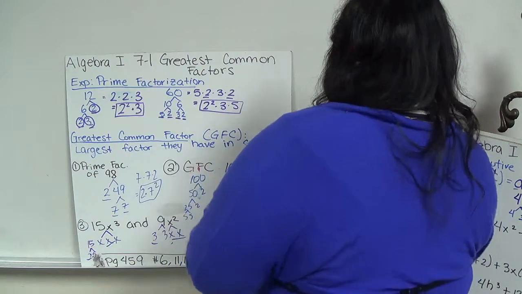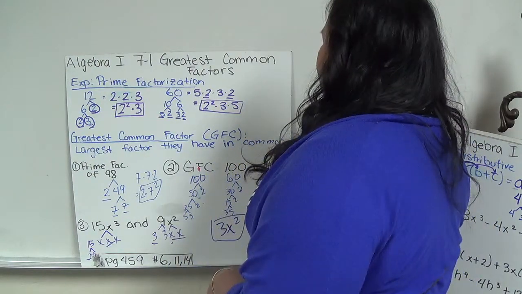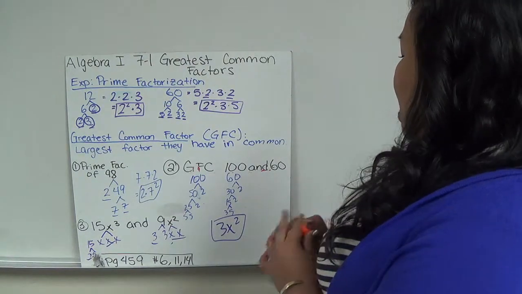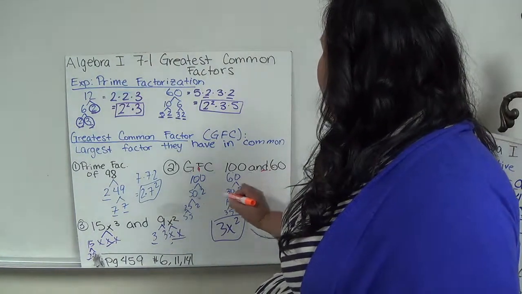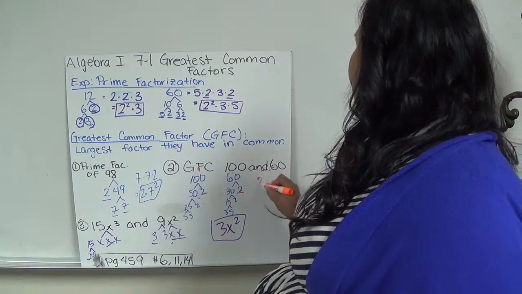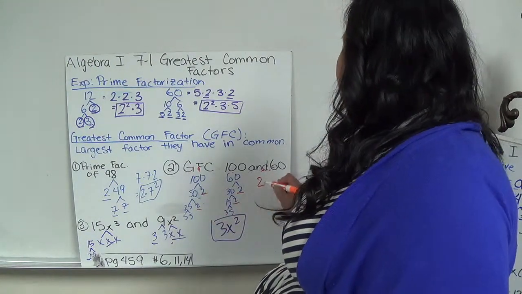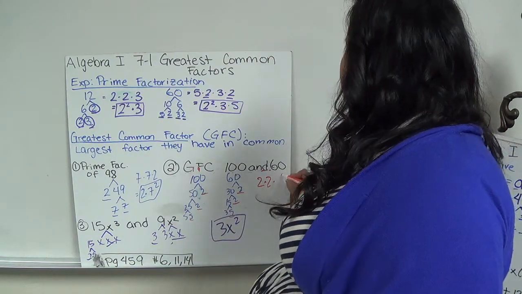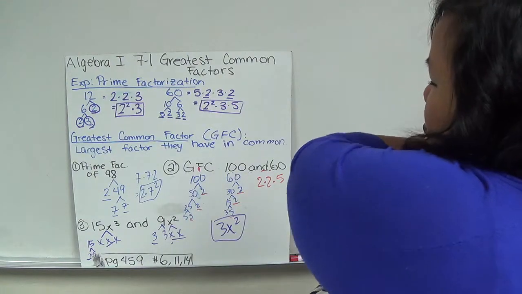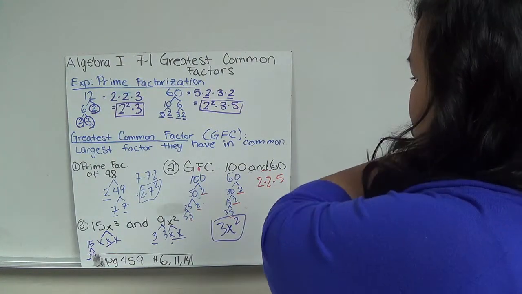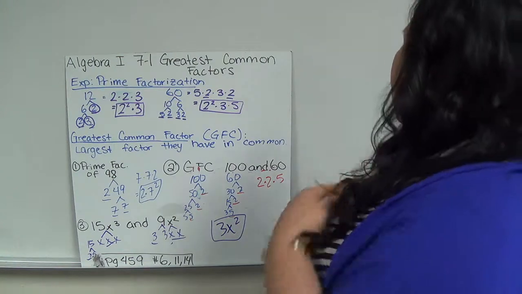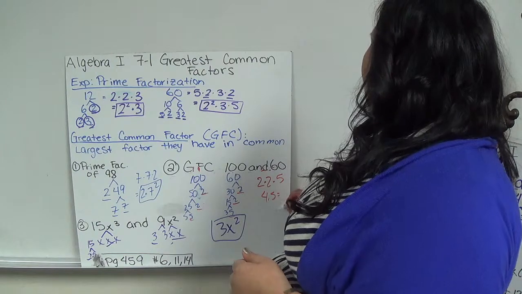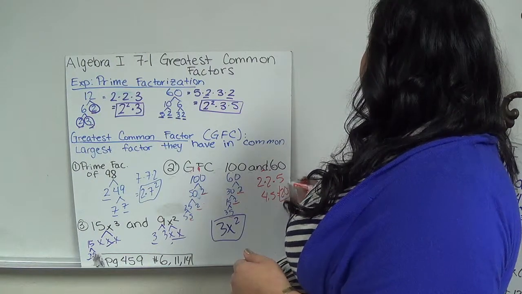So these are the primes. Sorry, I didn't think of that before. So let's find the primes that they have in common. They have a 2, and look, they have another 2 in common, and they have a 5 in common, right? So 2 times 2 is 4, times 5, look at that, same thing, without all of the hecticness: 20.